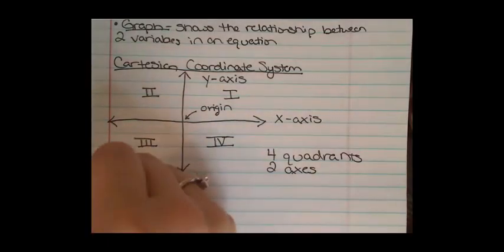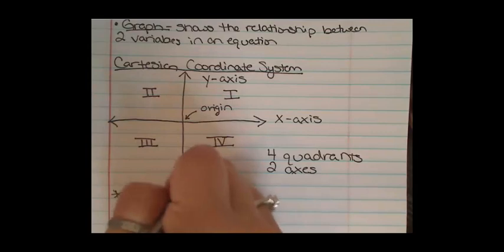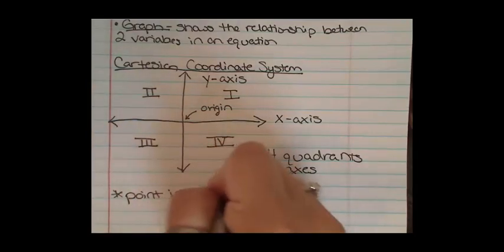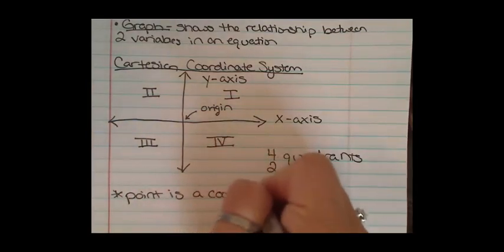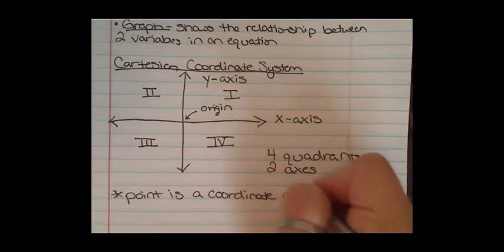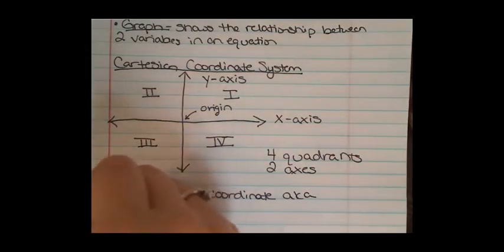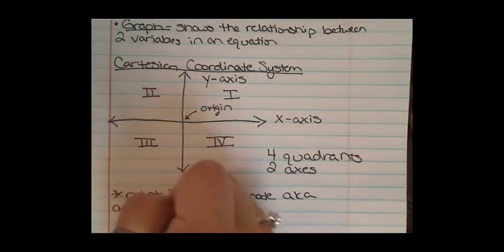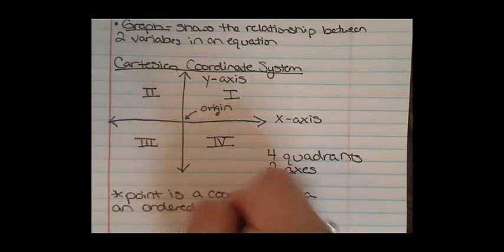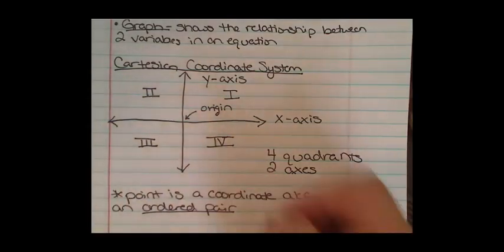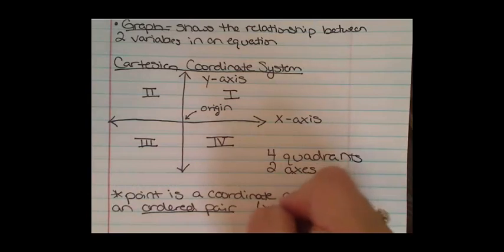And then a point is a coordinate, also known as an ordered pair. In our case, you're going to hear it referred to more as an ordered pair, and that's going to have an x and a y value.